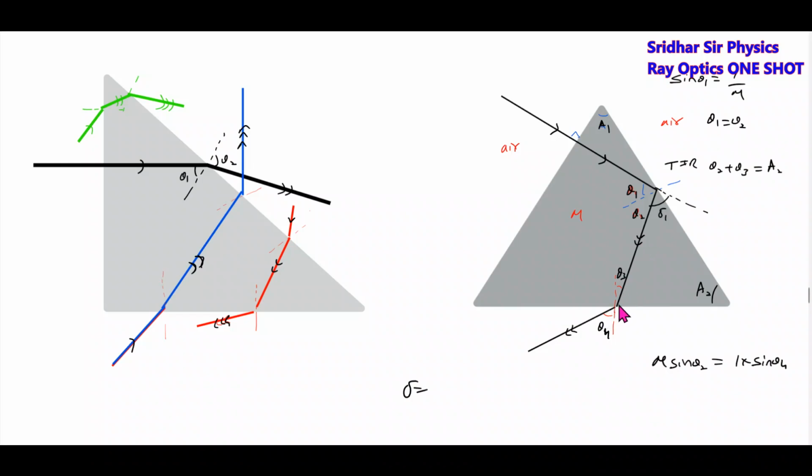Here there's a deviation. So the deviation will be 180 or pi minus 2 theta 1 plus theta 4 minus theta 3. And apply Snell's law wherever needed.